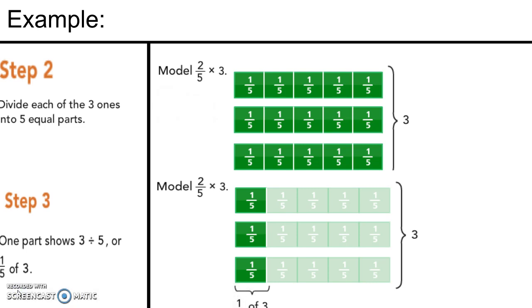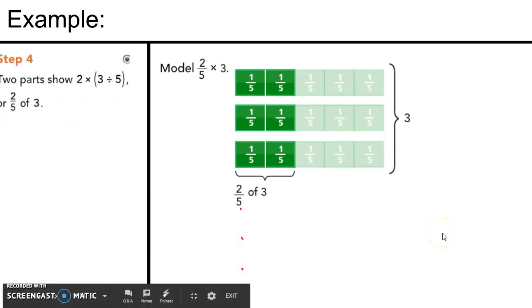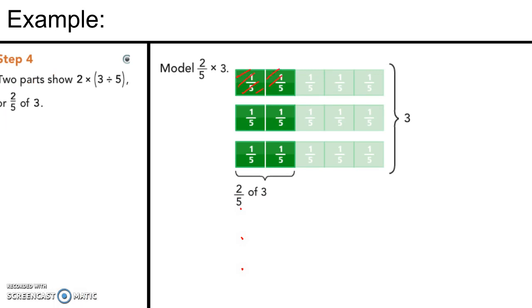One thing that's a little bit hard to see here is when you model 2/5 times 3, they show you 1/5, 1/5, 1/5, and then they show you 1/5, 1/5, 1/5. So this is actually, you mark 2/5 inside each one of those wholes.